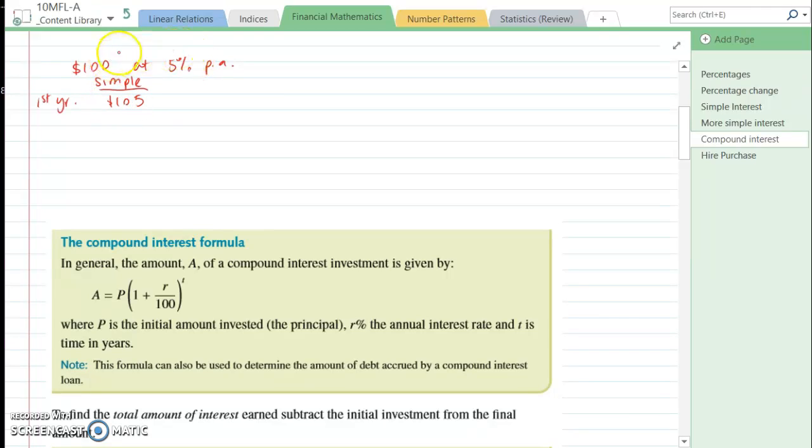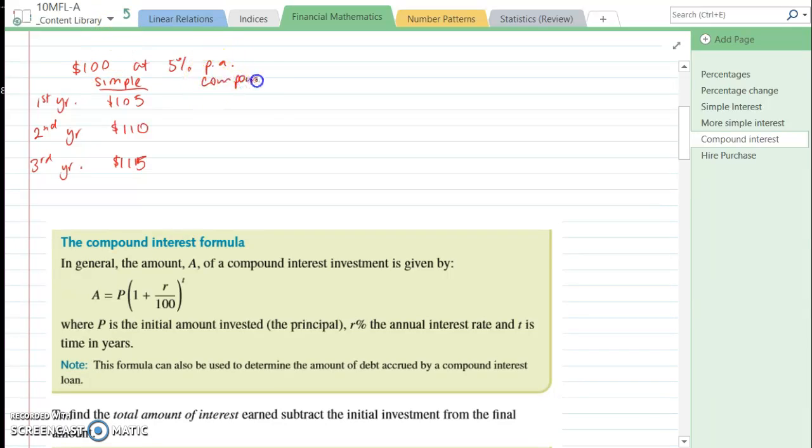It was 5% of $100. In the second year, I'd owe $110 because there's another $5 in addition. Now the third year, I'd owe another $5, so it's $115. So that 5% was always based on the initial $100 that I borrowed.